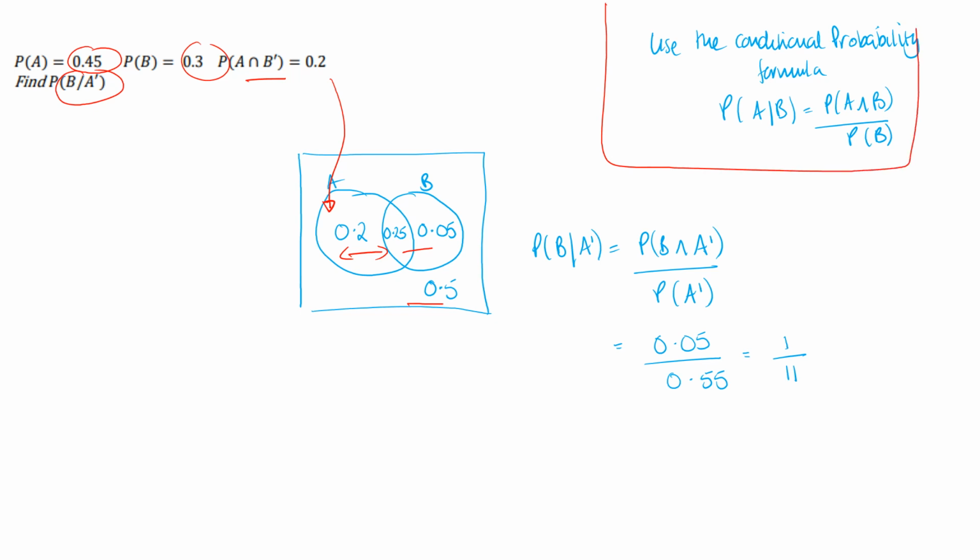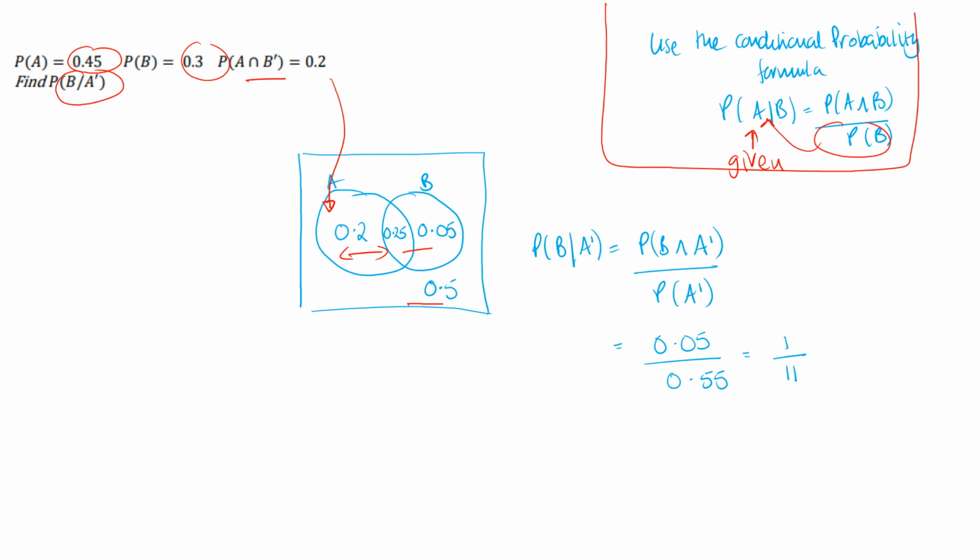So then, because we're being asked this question here, probability of B given A dash, you need to use your conditional probability formulae. This line means given, so A given B means that where is A and B intersecting, divided by the fact that B has already been given, so you must divide by that second one, the one that's after the line, because we're already given that B's happened.